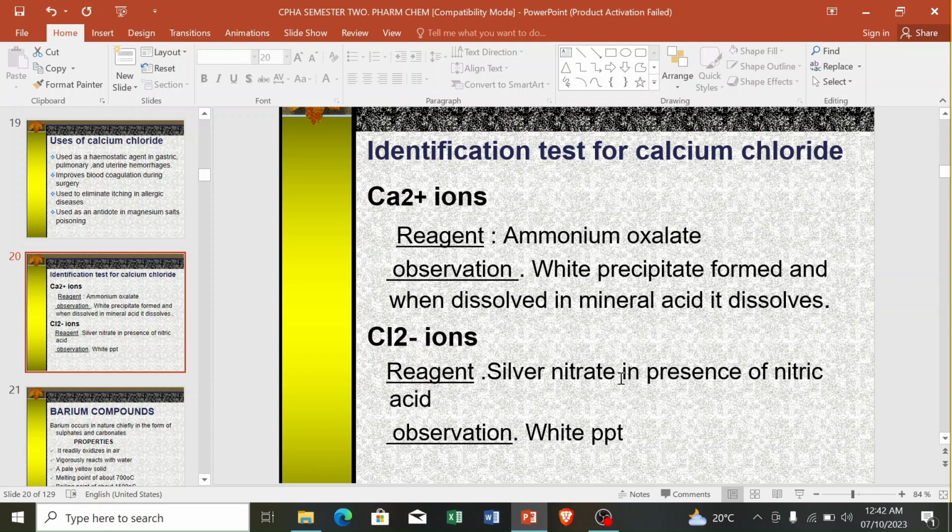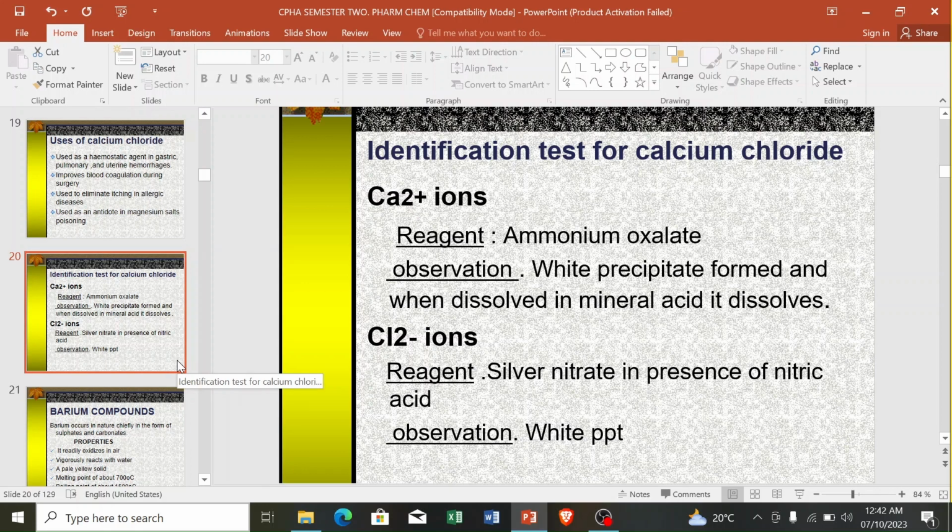I have stopped here because we have already discussed this in group 7 elements of the periodic table and their compounds. And if we add silver nitrate in the presence of nitric acid and have no observable change, the solution remains colorless, we shall say chloride ions are absent.